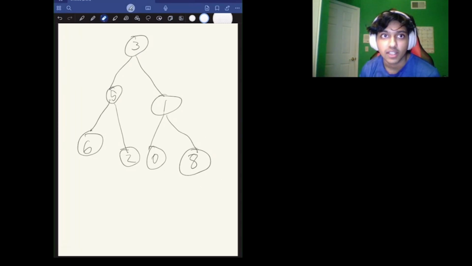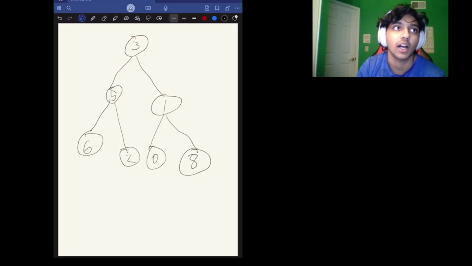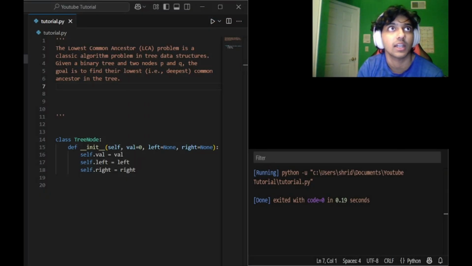Basically, what this question is asking for, let's go back to the question real quick. Given a binary tree, we're given two nodes P and Q. The goal is to find their lowest common ancestor.